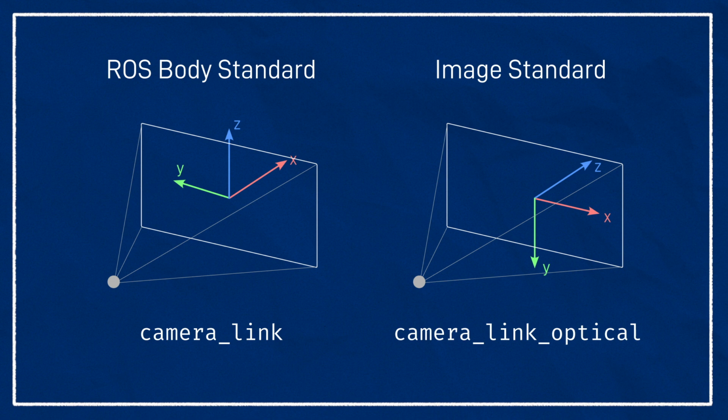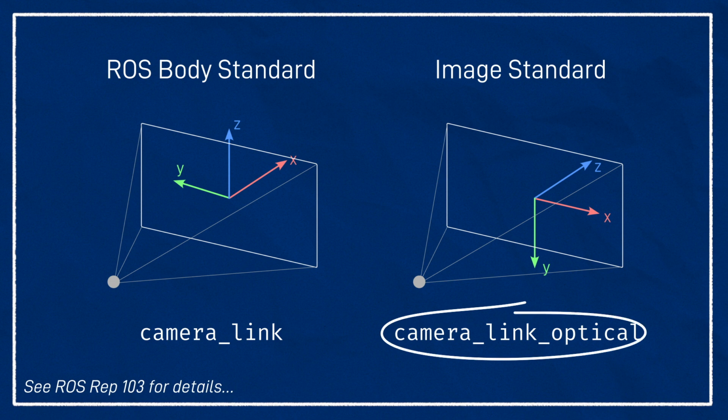So you might have camera_link and camera_link_optical. Then all of our topics, so our image topics, our camera info topics, in their headers should specify the optical frame, not the regular frame. I know this is really confusing, but it's just how it is to deal with this problem. We're going to get to see a practical example of it in just a minute, as we're about to start simulating a virtual camera in Gazebo.